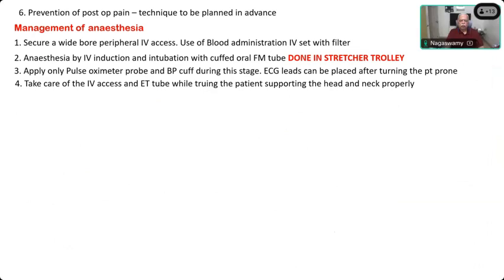Which part of the body should the support be? I'm not asking how you secure the tube. One chest support and one support for the body. How are you going to do that? One under the chest, sir.